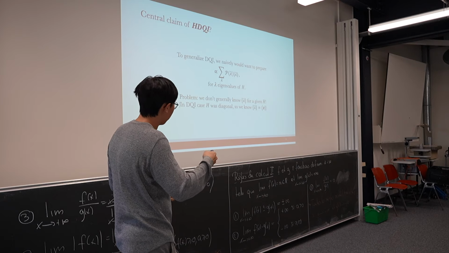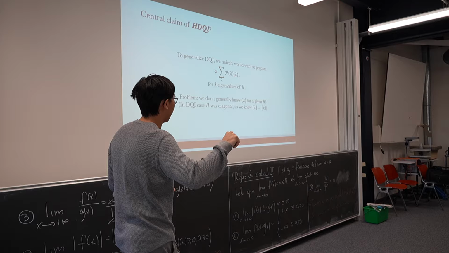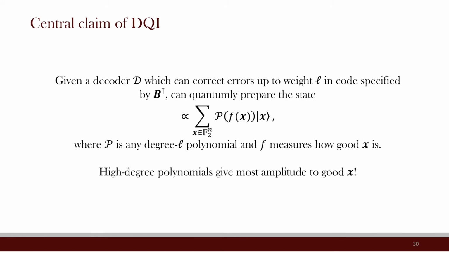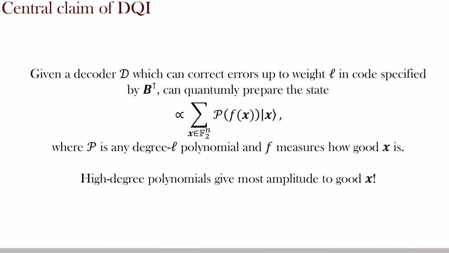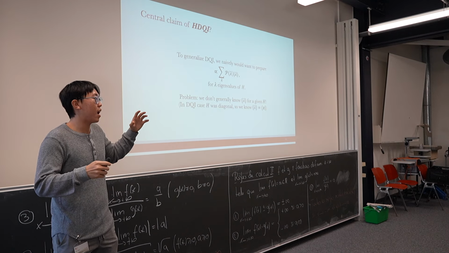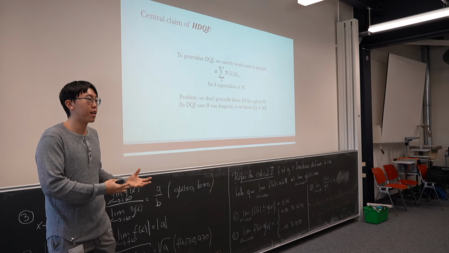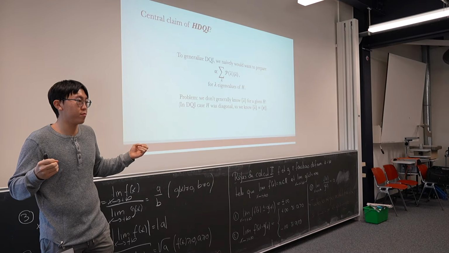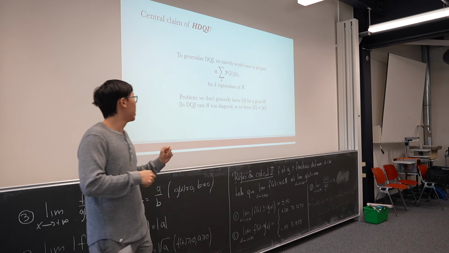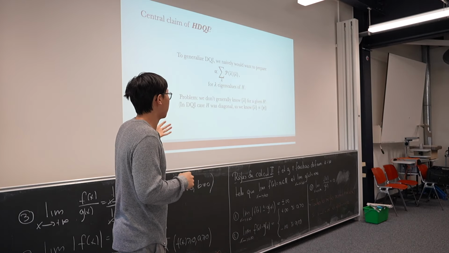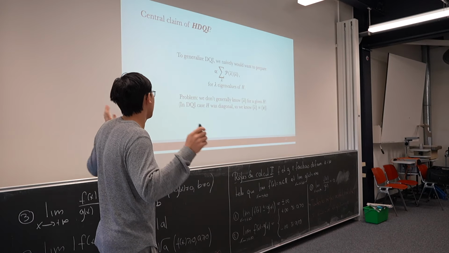So now I'm summing over the eigenvalues, the energies of the Hamiltonian, and I'm weighting it by a polynomial. So I can perhaps choose this polynomial to have very high amplitude on, let's say, low energy eigenstates, and very low amplitude on high energy states that I don't want. And therefore, I can sample this and with high probability obtain a low energy state. That would be all nice.